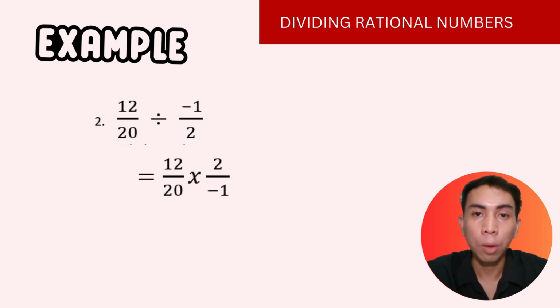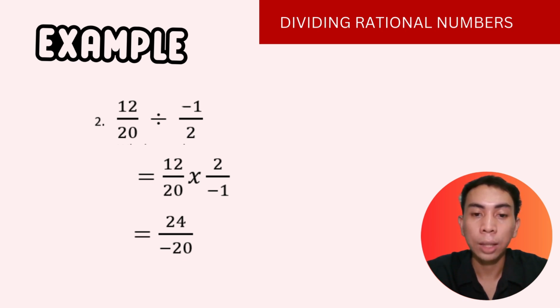So we can now multiply both rational numbers. 12 over 20 times 2 over negative 1. First, we multiply the numerators. 12 times 2 is equal to 24. 20 times negative 1 is equal to negative 20. So we'll have a result of 24 over negative 20.